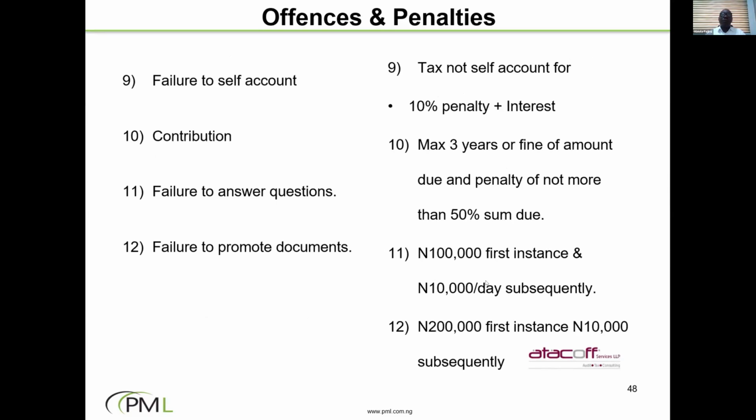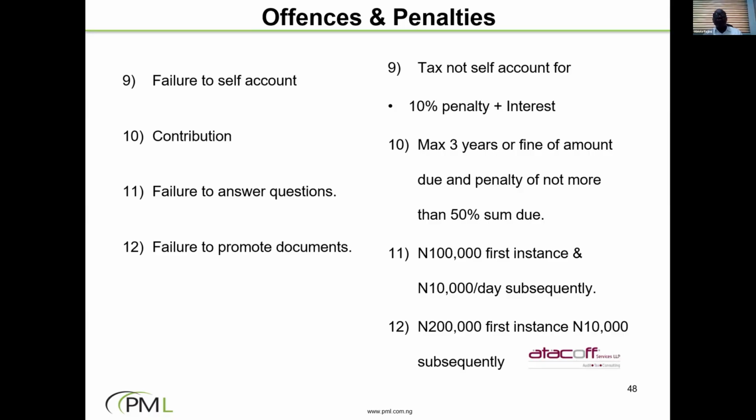Failure to self-account. If you don't self-account for any of those deductions, especially those reverse charges, reverse VAT, if you don't self-account for it, tax not self-accounted for will attract a penalty of 10% plus interest. Penalty of 10% and interest, meaning that you did not deduct the VAT you are meant to deduct.